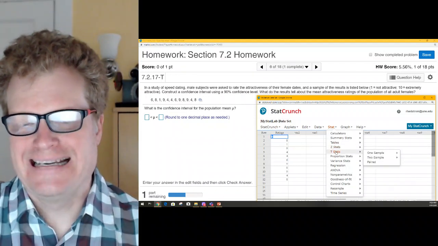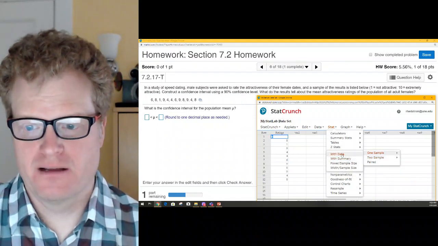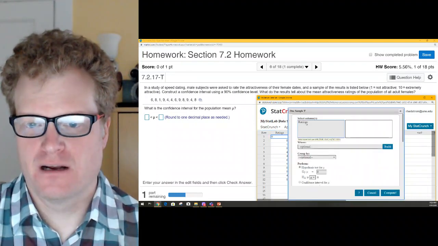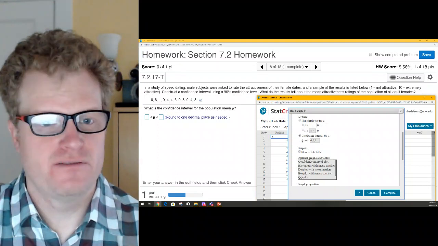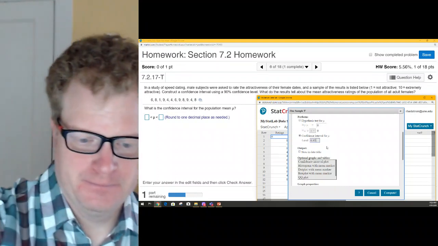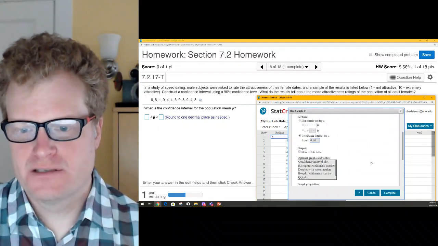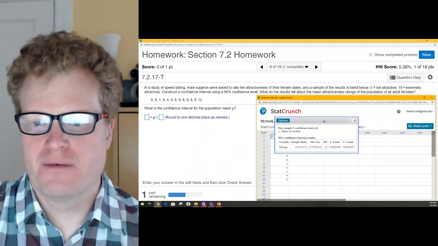So I'm going to go to T-stats, select one sample, and this time use with data, because there's my data. I'm going to double click ratings, select my confidence level of 90%, and click compute.